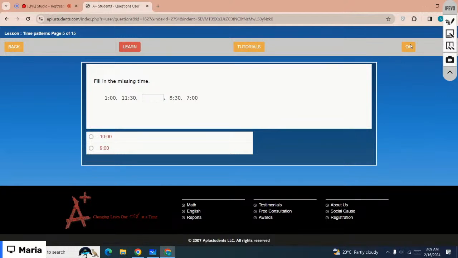Fill in the missing time. So which time is missing? That is, yes, 10. The correct option is 10 because the time is decreasing by 1 hour and 30 minutes. Got it?